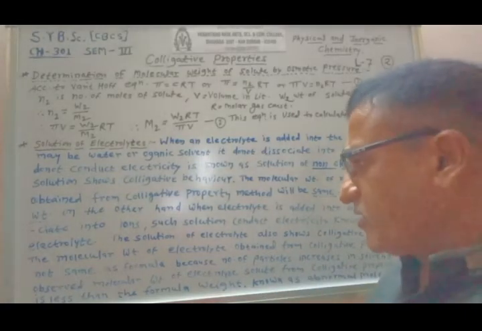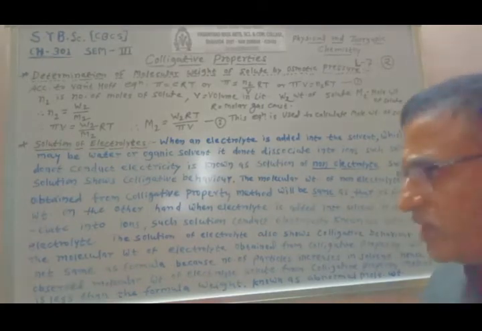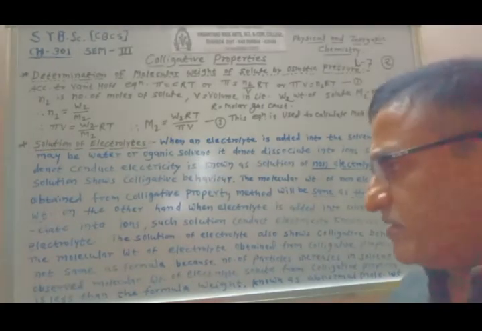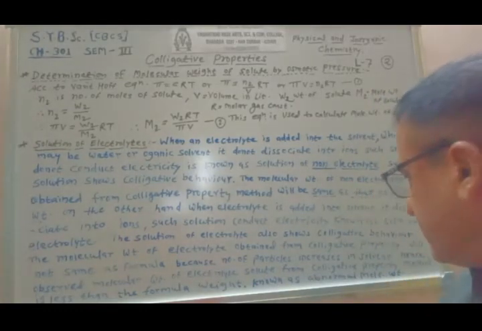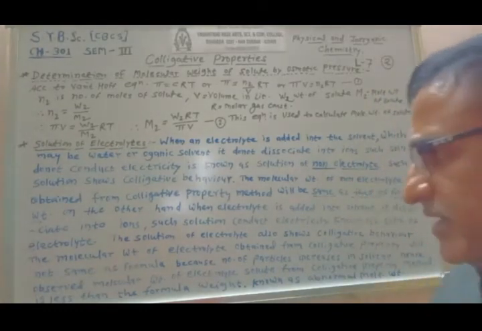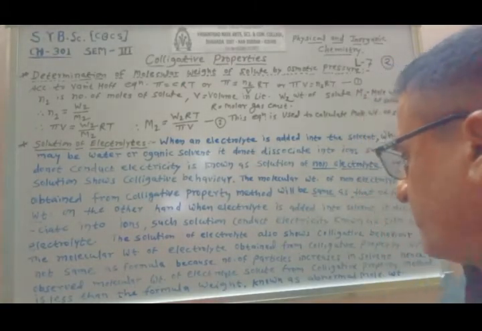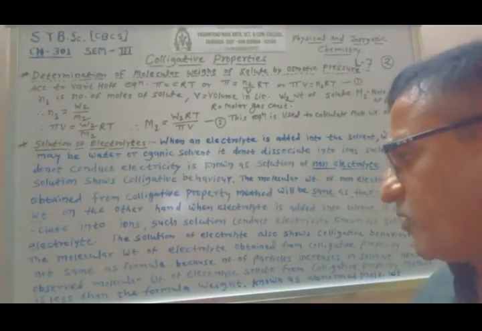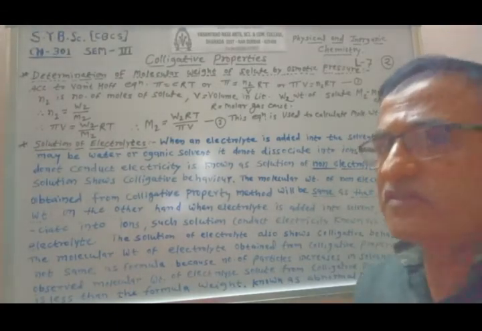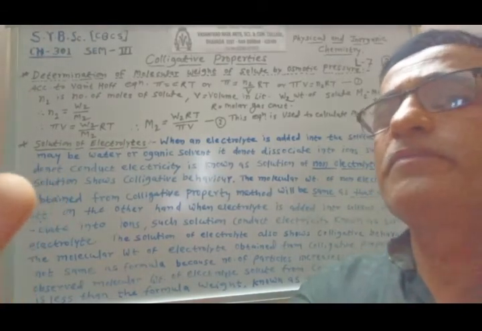The molecular weight of an electrolyte obtained from the colligative property will not be the same as the formula weight, because the number of particles increases in the solvent. Hence the observed molecular weight of the electrolyte solute from the colligative property method is less than the formula weight. So this is known as abnormal molecular weight.